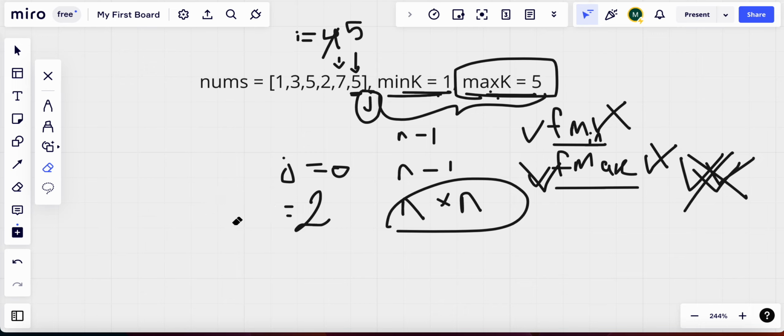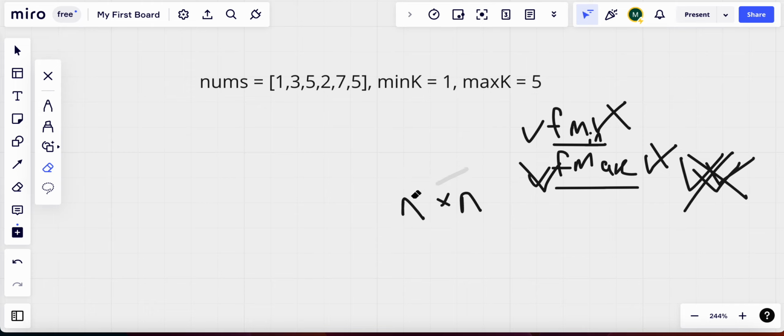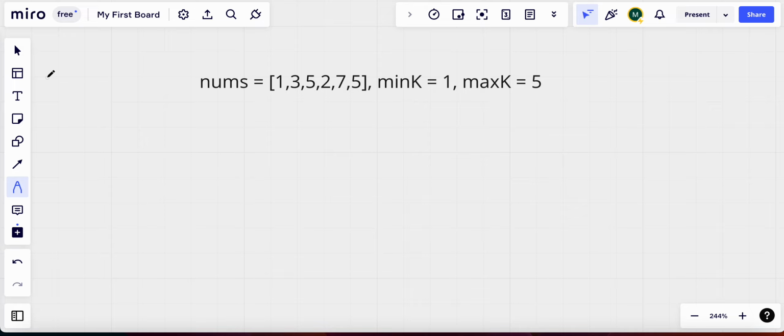So what we are going to do is use a different approach that is O of n time complexity. So let's see how we are going to solve that using the O of n time complexity approach.